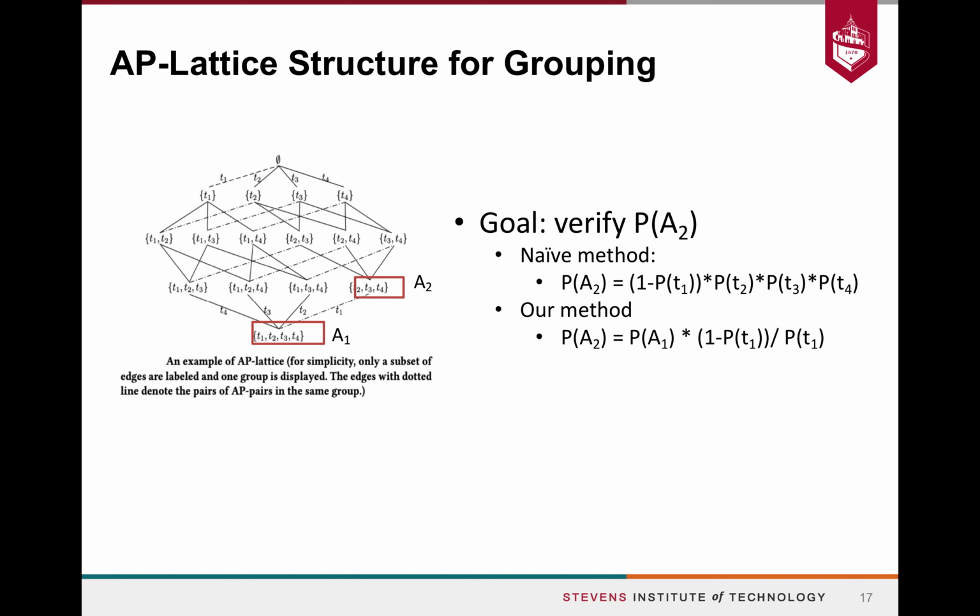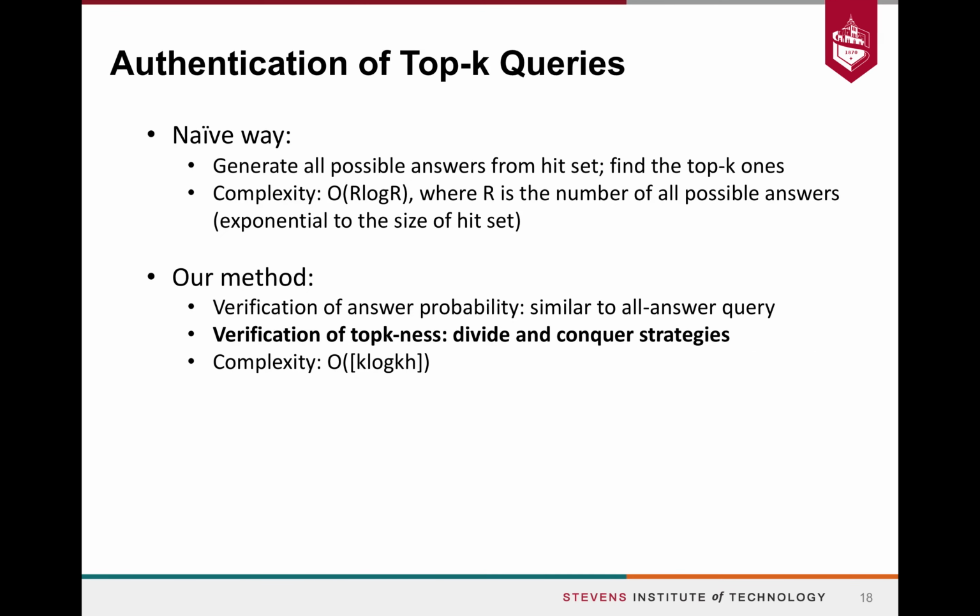However, based on our property, we can calculate its probability by using the probability of A1 times 1 minus the probability of T1, divided by the probability of T1. And this is much more efficient than calculating from scratch.